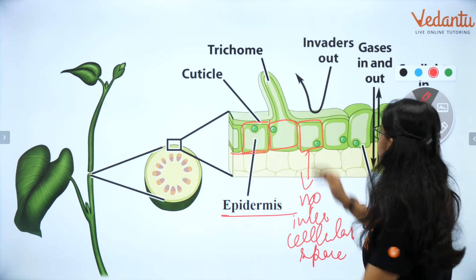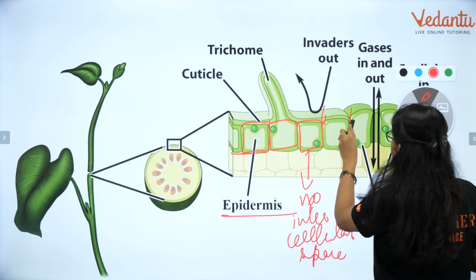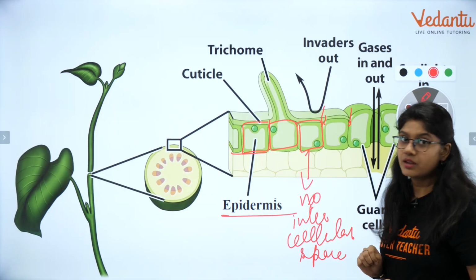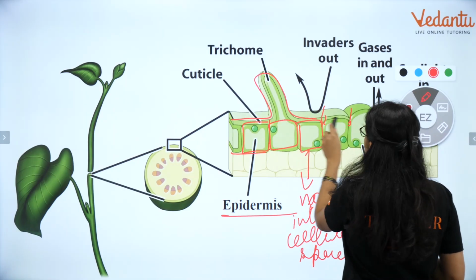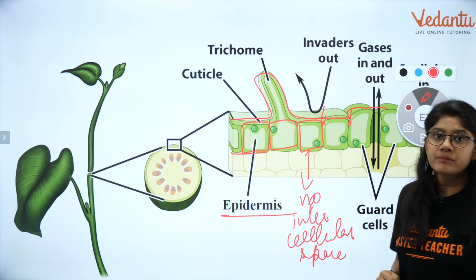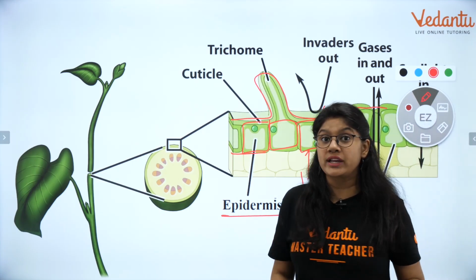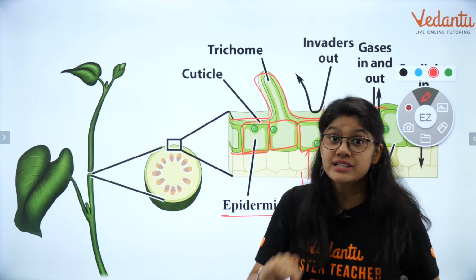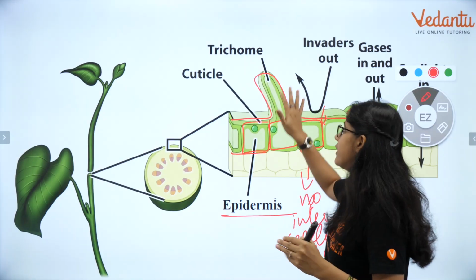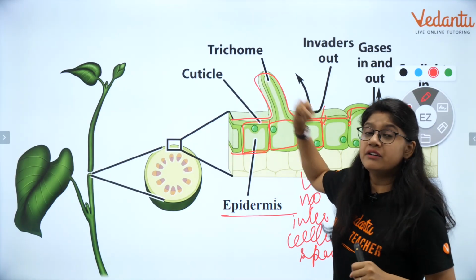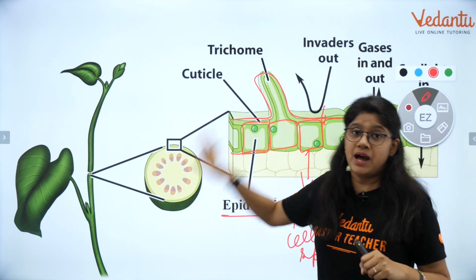Because of that, no microorganism can get inside. Okay? Apart from it, they have a waxy coating on top of it. This waxy coating protects it and prevents the entry of microorganisms or any invasive species on the plants.